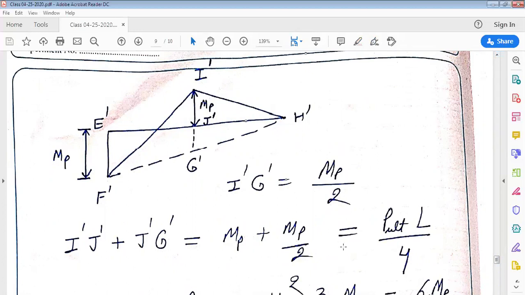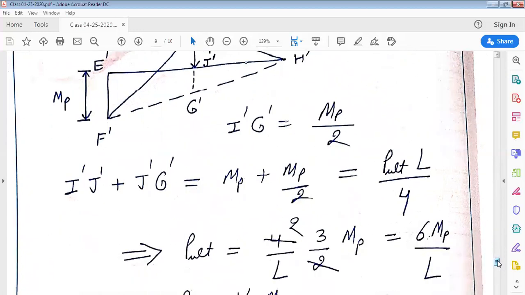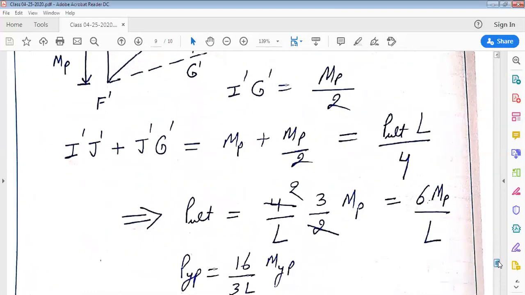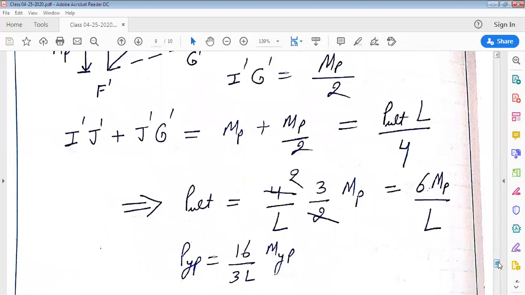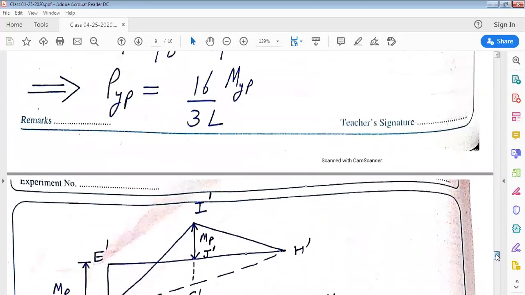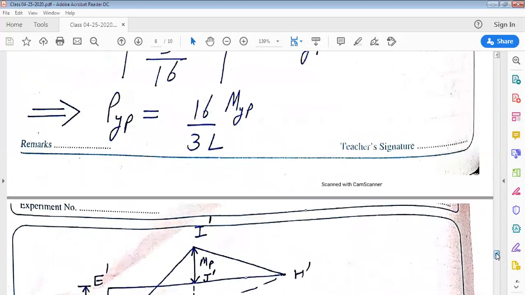And this is equal to the ultimate moment, which is P ultimate into L by 4. So from here, we can find the ultimate load as 6 MP by L. And the yield point load we had already derived as 16 MYP by 3L.